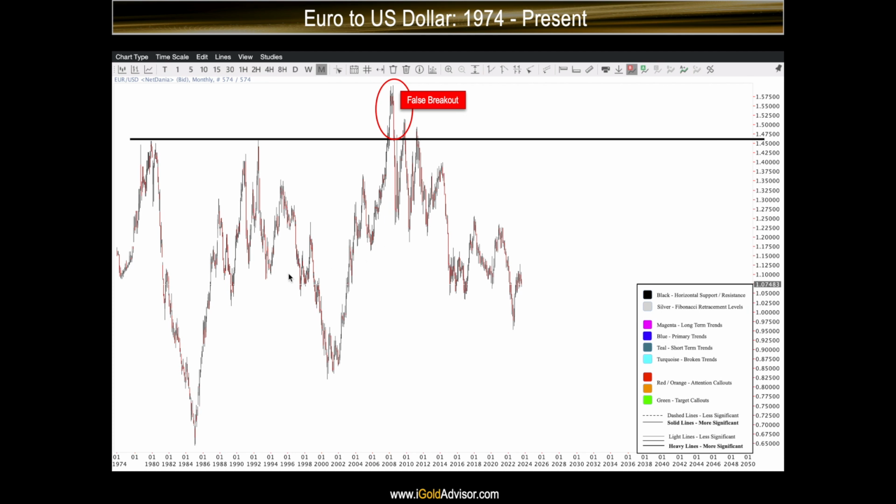And then if we look for support for the euro to the dollar, notice how if we start to connect a best fit from the absolute low here in 1985 through the subsequent lows here in the early 2000s, okay, that's an interesting trend.